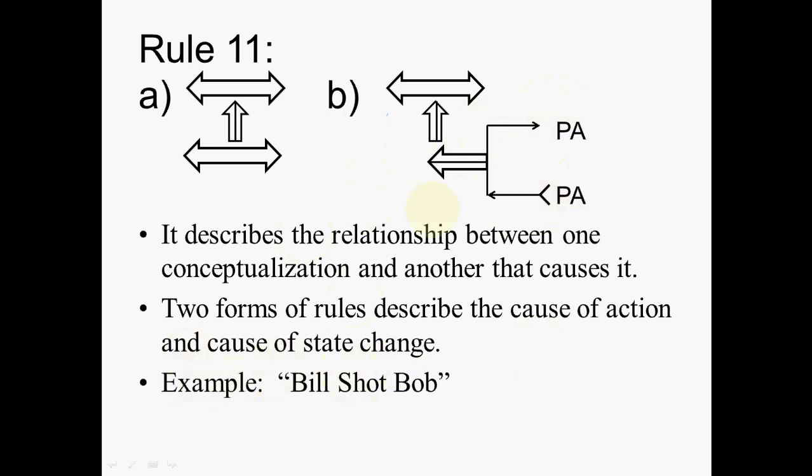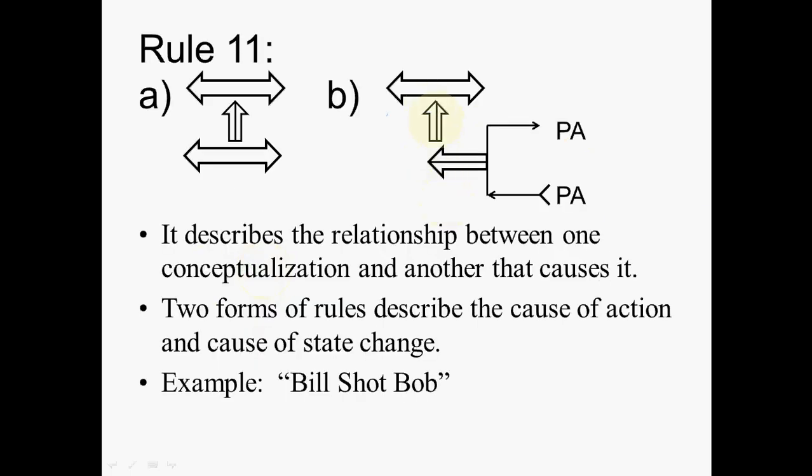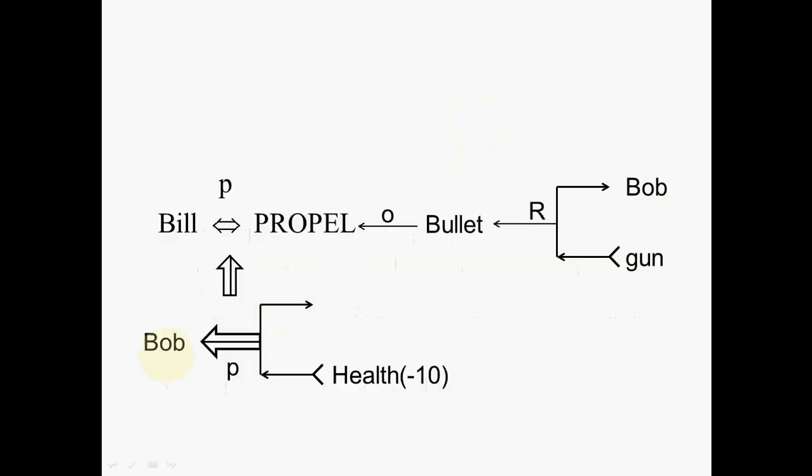What happened after this action, or after this conceptualization took place? What was the second conceptualization? So this arrow is used here to show the second conceptualization. So Bob, whose health, again there is a slight change here.